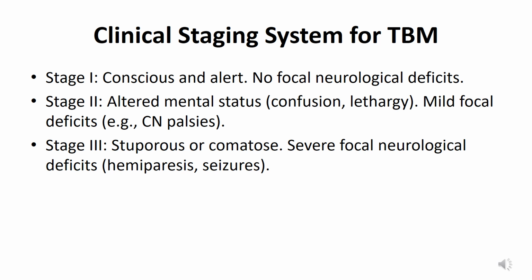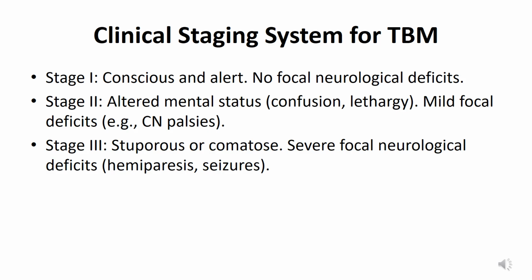In other words, there is no evidence of localized brain dysfunction such as weakness, cranial nerve palsies, or sensory loss. Although symptoms such as headache, fever, or malaise may be present, major neurological injury has not yet occurred. Prompt diagnosis and treatment during stage 1 are associated with the best outcomes.